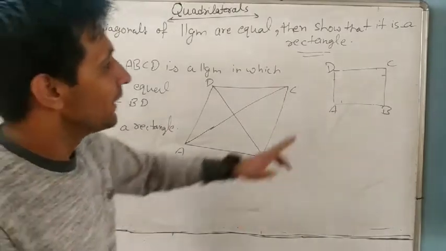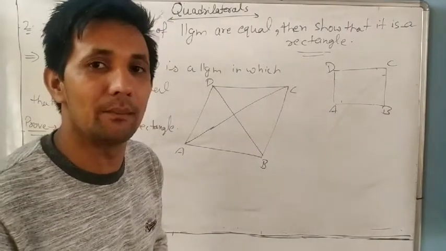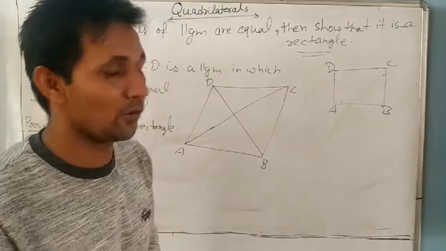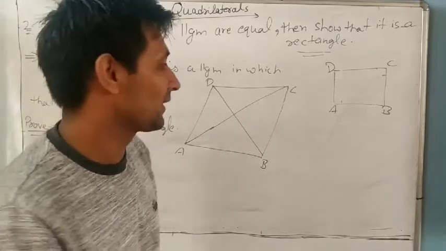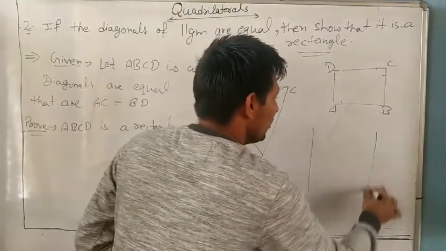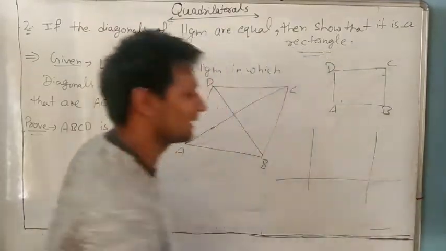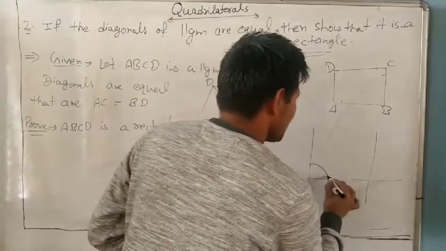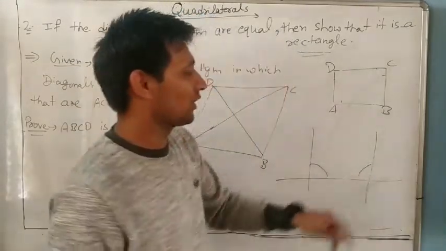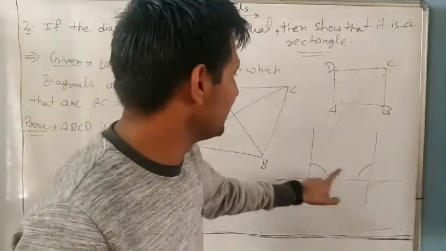And if ABCD is a parallelogram, we know in a parallelogram these are two parallel lines cut by an intersecting line. The sum of the interior angles on the same side is always 180.